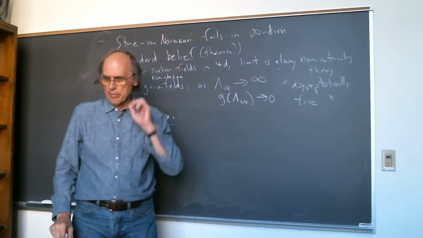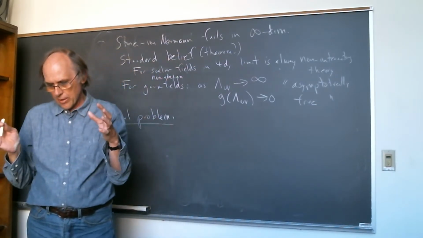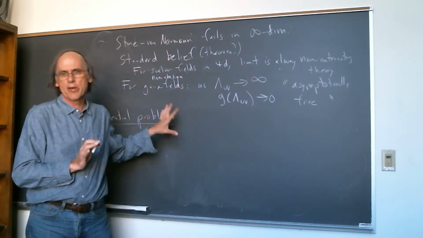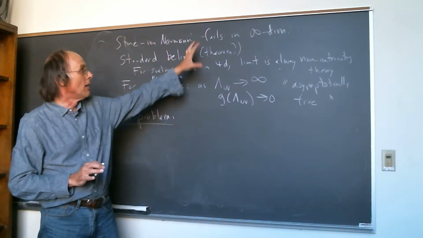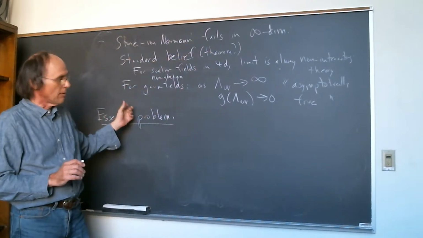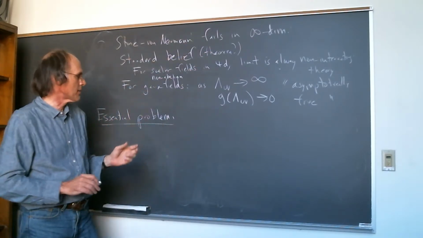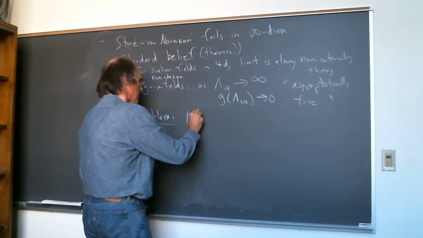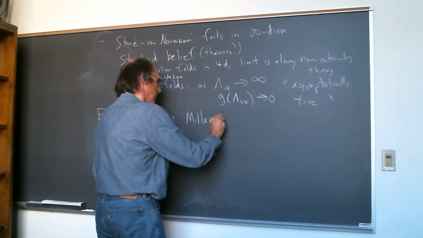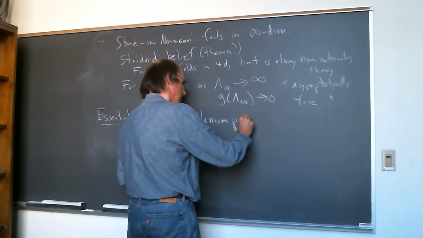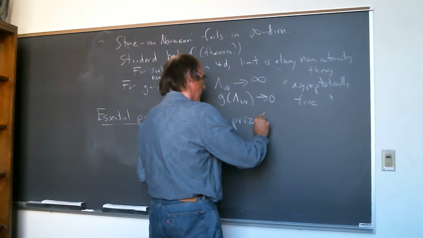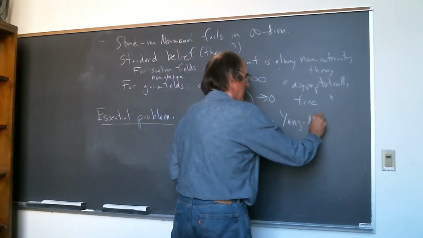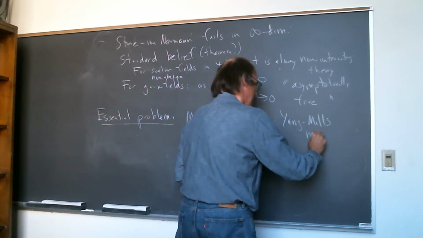And so maybe you can kind of localize a bit what it is that we don't understand at all about these theories. This is the so-called Millennium Prize problem for Yang-Mills theory, that's the mass gap.